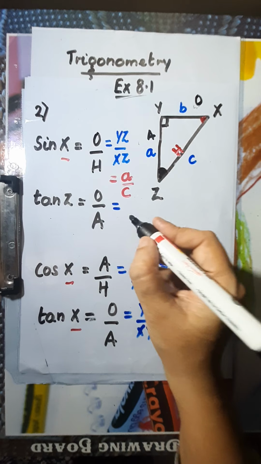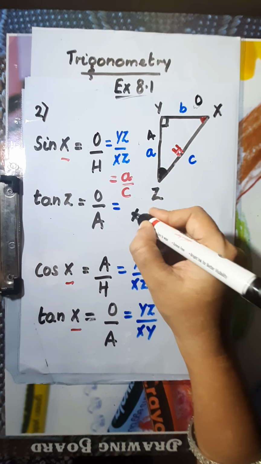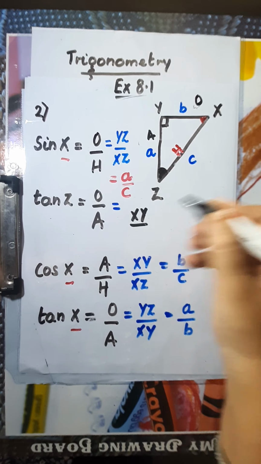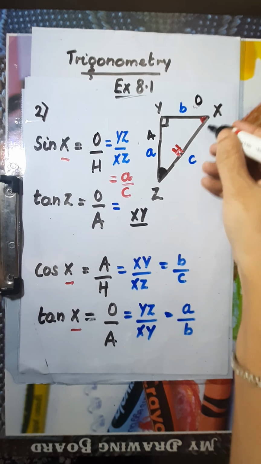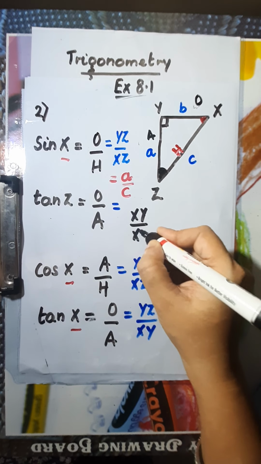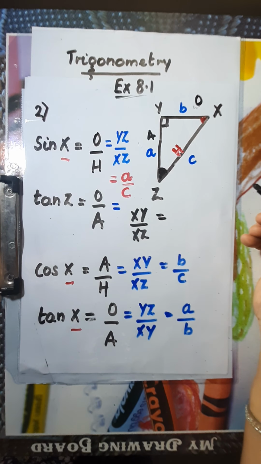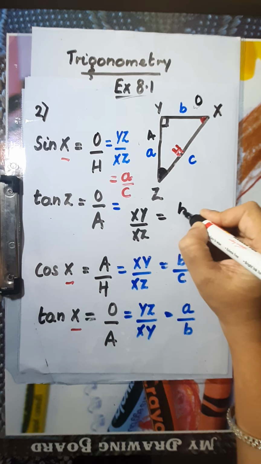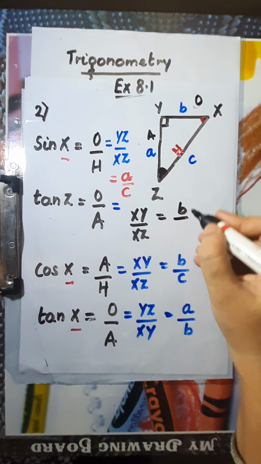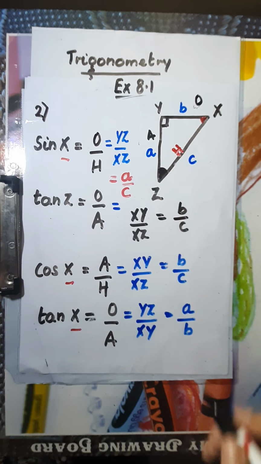It is XY, and the hypotenuse is XZ. XY is B and XZ is C, so it becomes B upon C.